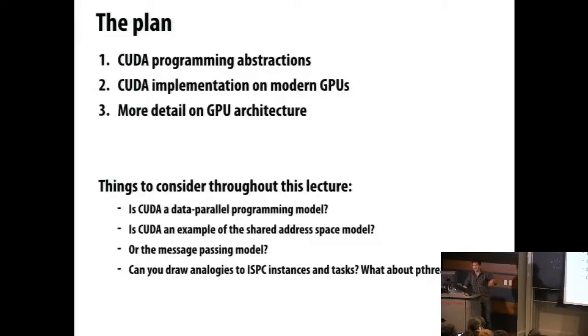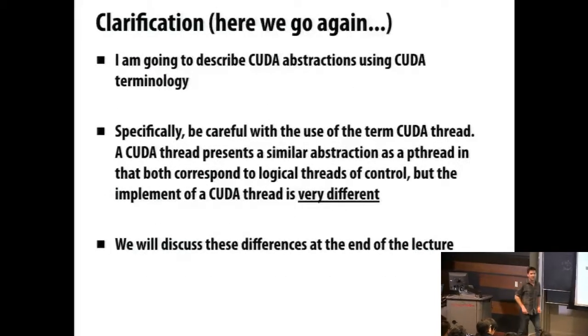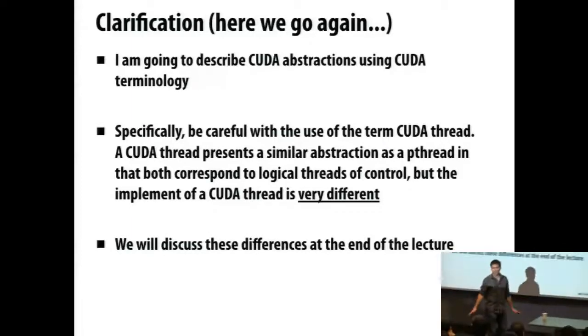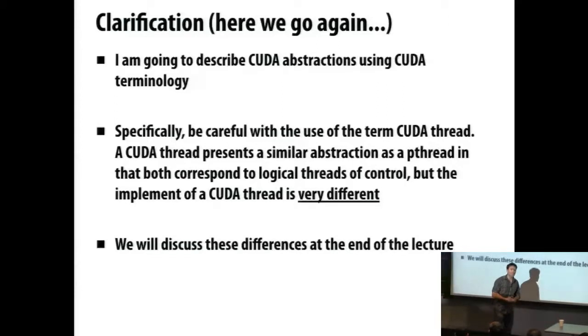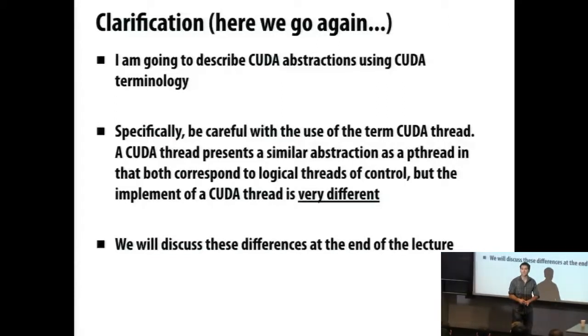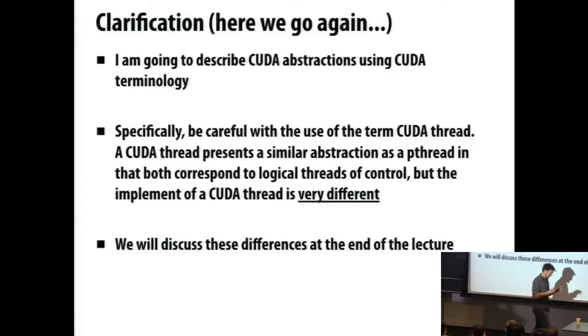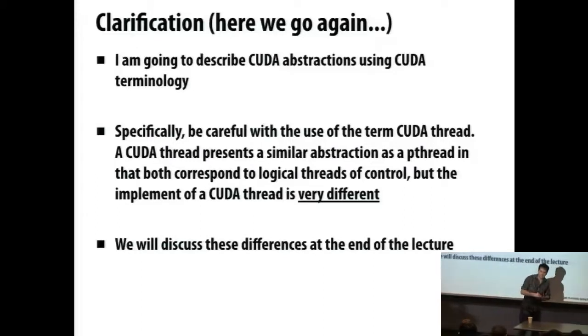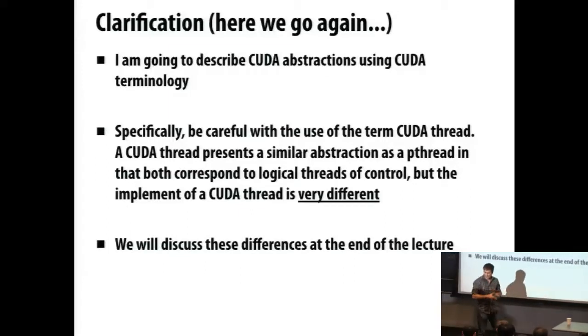Are we good? Because I need to clarify something again, unfortunately. This is a sign of the state of the art in our field, where I'm going to use thread today to mean something completely different than I did in every other lecture so far. In this lecture, in the same way that when I talked about ISPC, I tried to use ISPC's terminology in terms of program instances and things like that.